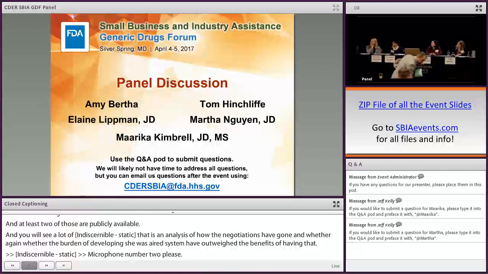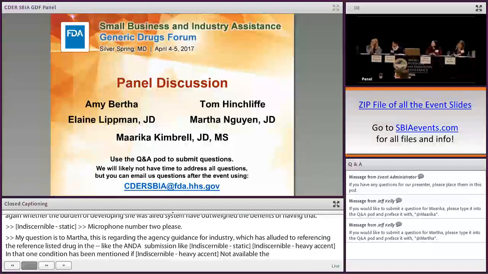And you'll see that a lot of that is an analysis of how the negotiations have gone and whether the burden of developing the single shared system has outweighed the benefits of having them.